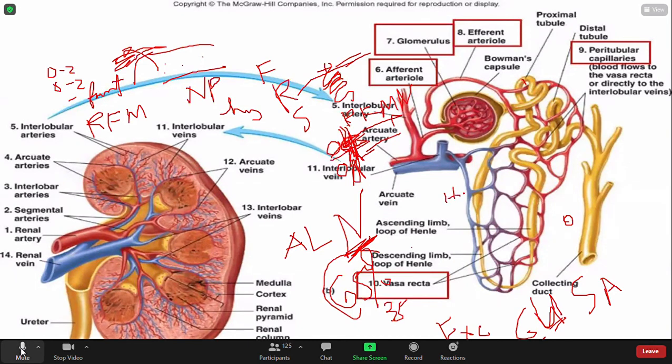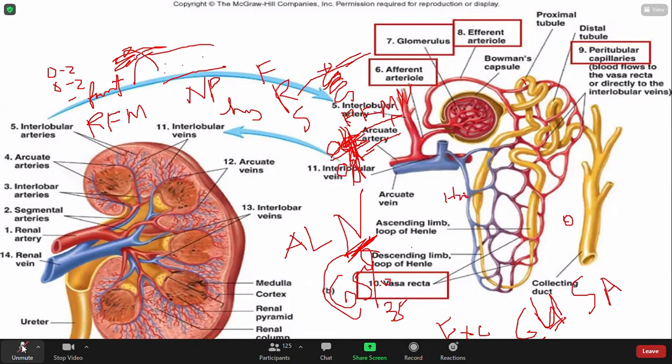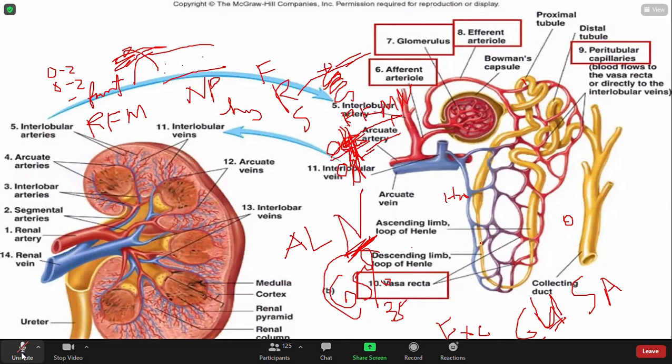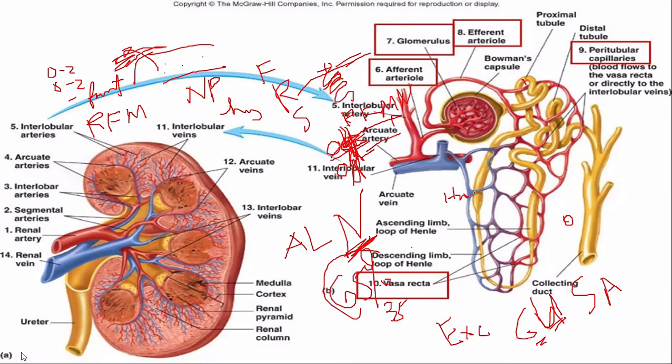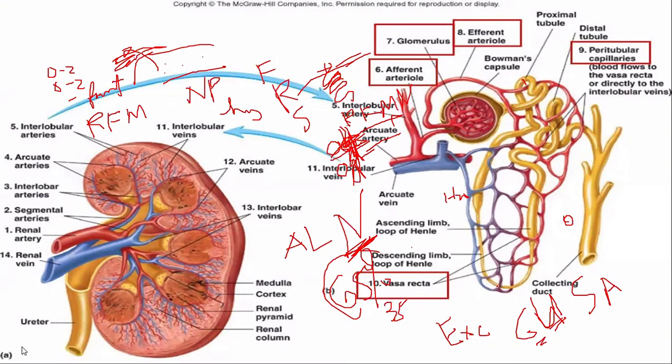So it will be reabsorbed, going to the peritubular capillaries, the interstitial. But remember, there will still be some water that will go, but the sodium was not reabsorbed because the descending limb is not permeable to sodium, only to water and other solutes. So we'll go down here.